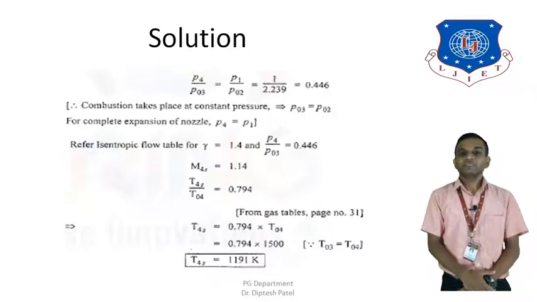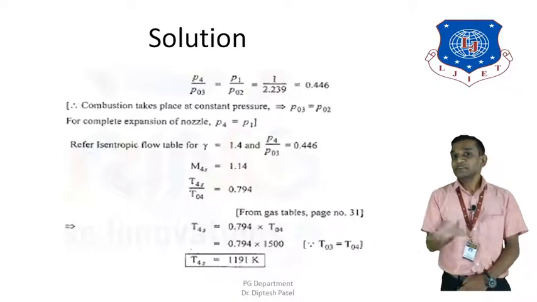So that would be 0.794 into 1500, since the temperature at the inlet of the nozzle is given to us as 1500 Kelvin, and since the stagnation temperature inside the nozzle flow is constant, TO3 is equal to TO4. So we take 1500 straight away, and on that basis I can calculate T4S, that is 1191 Kelvin.